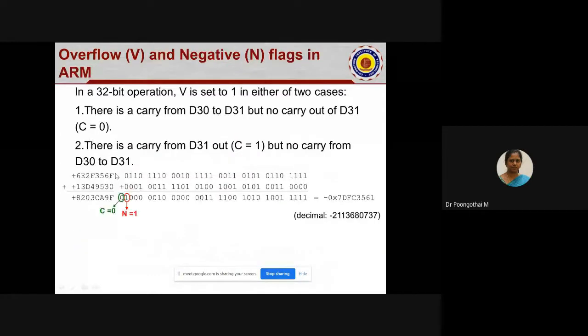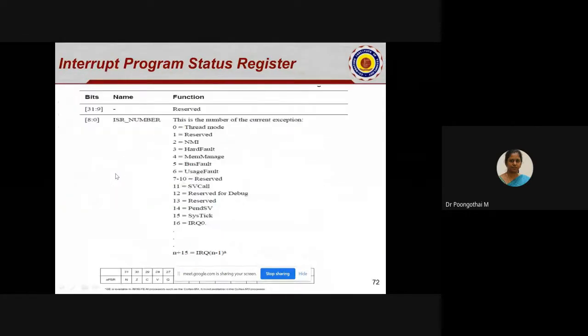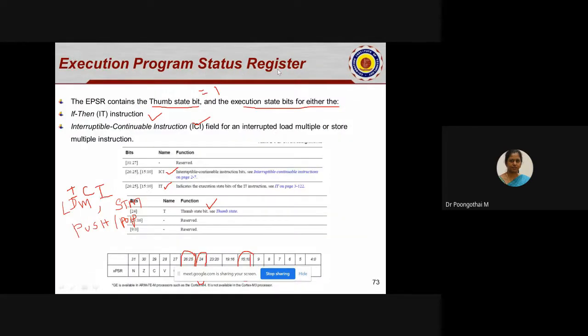One is the application PSR, and the second one is the interrupt program status register, which holds the exception type number of the current ongoing interrupt service routine. And this execution program status register holds the execution status of your IT instruction and interrupt continuable instruction.